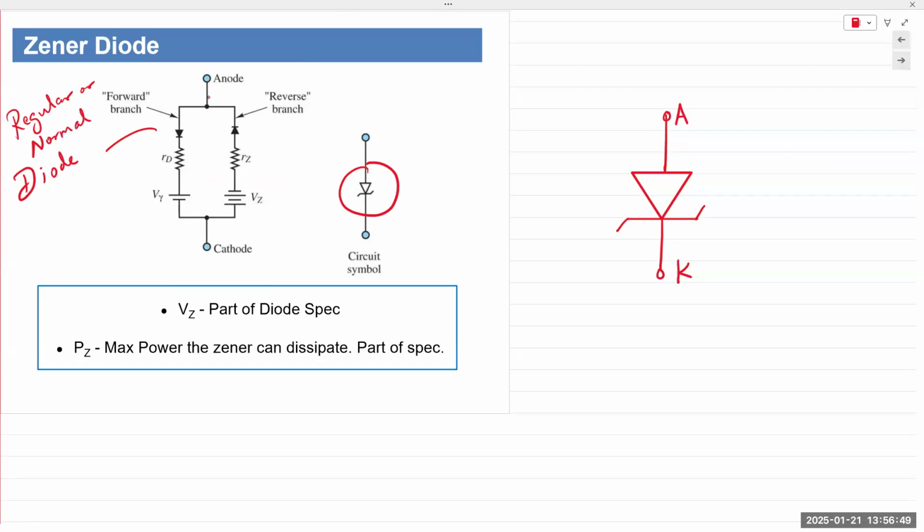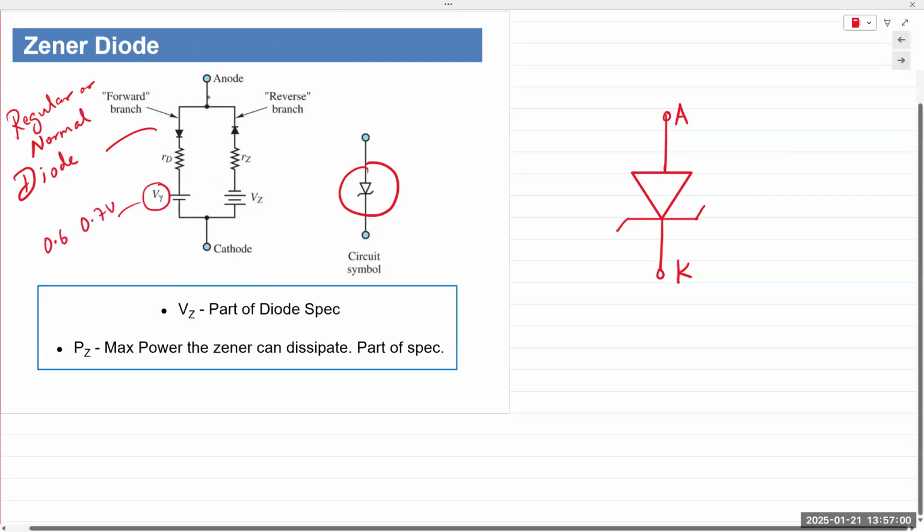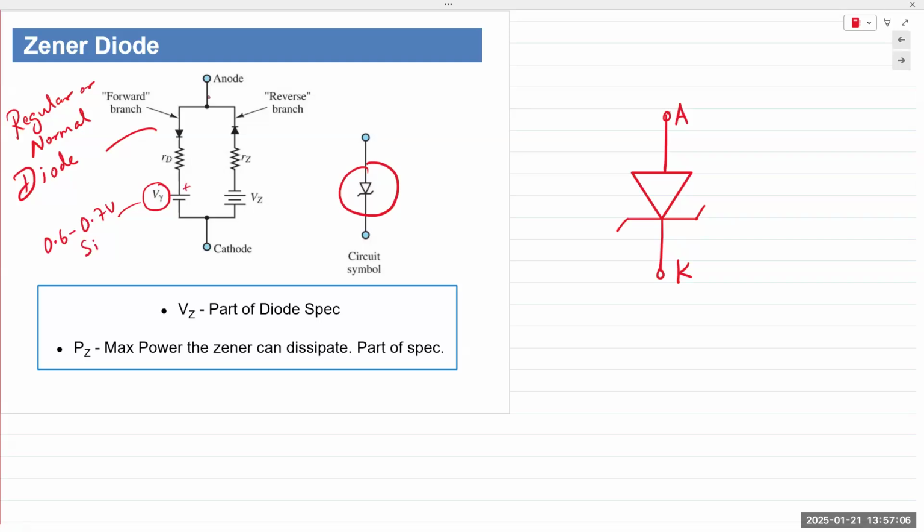A practical diode will have some diode resistance, and it also requires a certain voltage for it to turn on, 0.6 to 0.7 volts for silicon, right? And that is illustrated by this battery or voltage source right there.